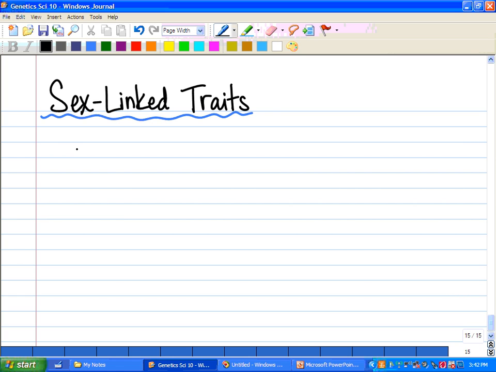So sex-linked traits. Males have, and you can go back and start adding this in your notes if you don't mind, males have, to make them male, an X and a Y chromosome.